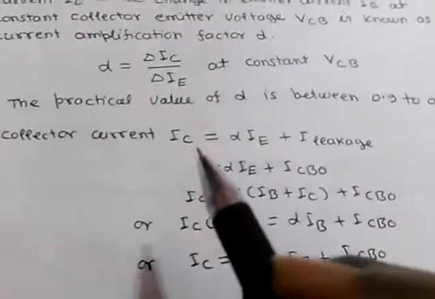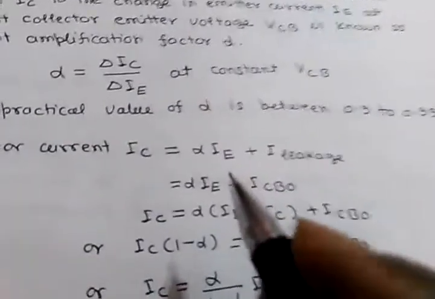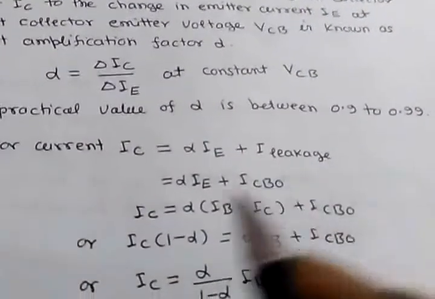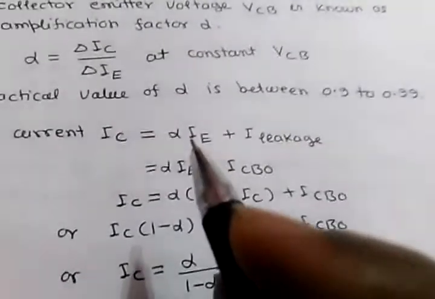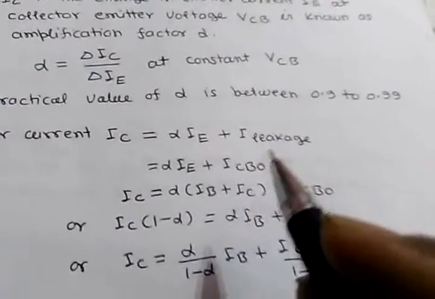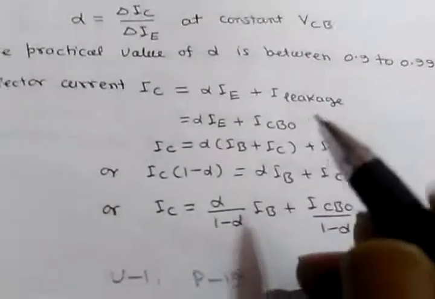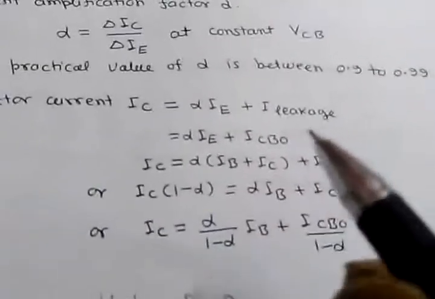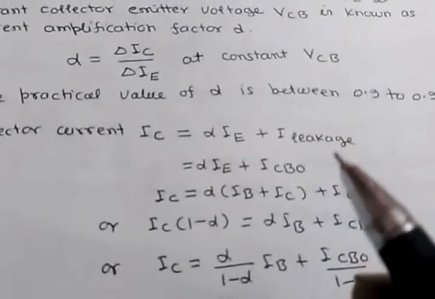Hence, collector current IC has two components: alpha IE plus I leakage. Alpha IE is the current due to the emitter current, and I leakage is the current flowing through the reverse biased collector base junction due to the thermal breakdown of the covalent bonds.